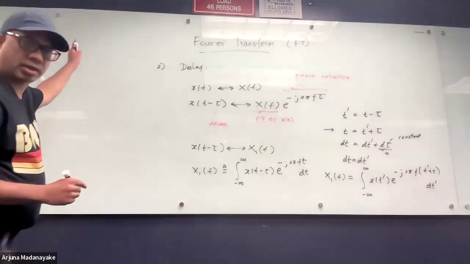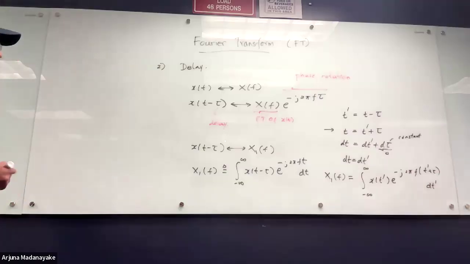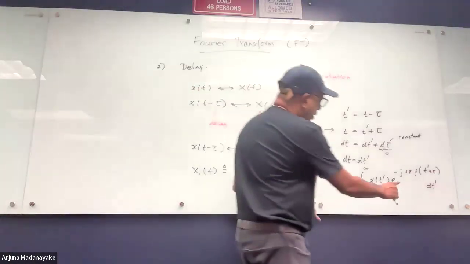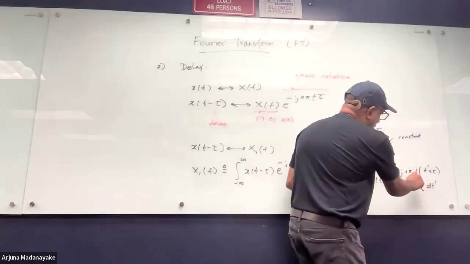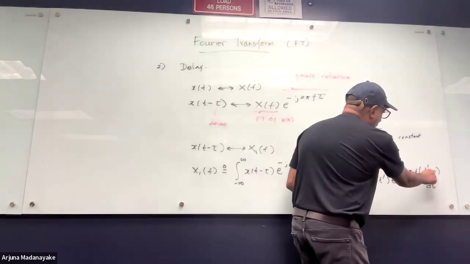So I'm going to come over here. I think we can still see it. I can see that there is a 2 pi f (t dash plus tau) component.